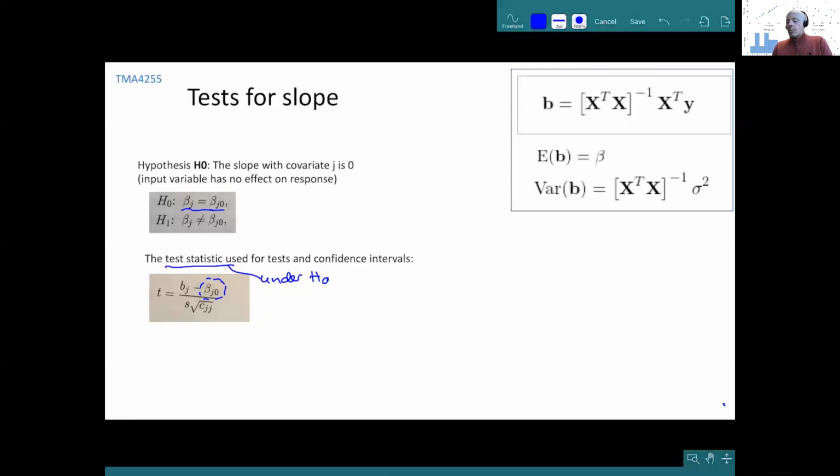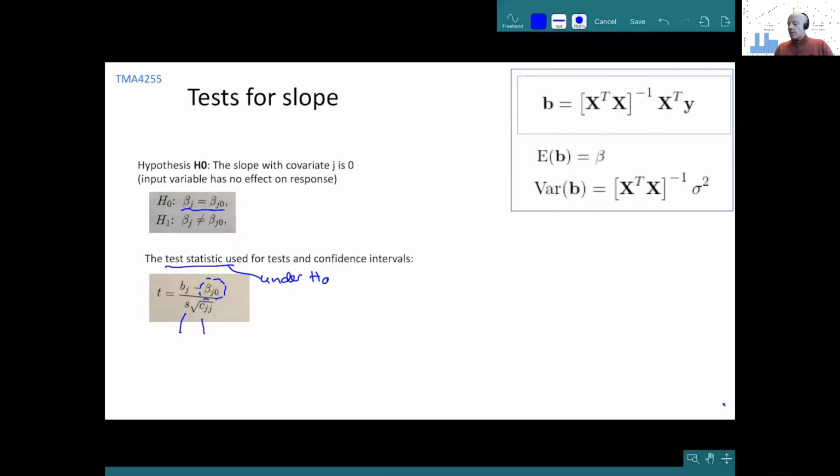And then we normalize, just like we do with the t-distribution and the normal distribution, with the standard deviation, which is S that we have computed, and then the diagonal of this X transpose X inverse matrix with a square root. Because it's not variance, it's standard deviation going under there.